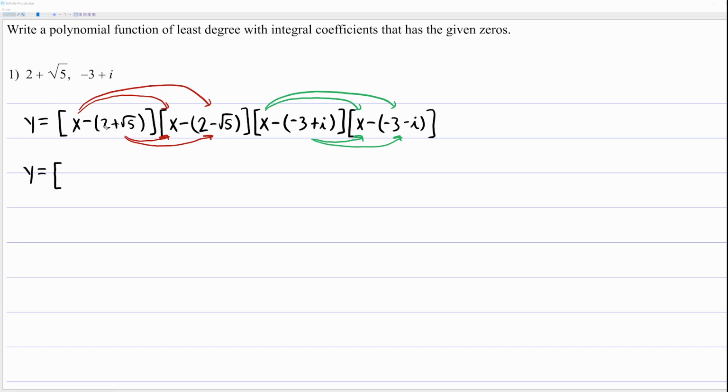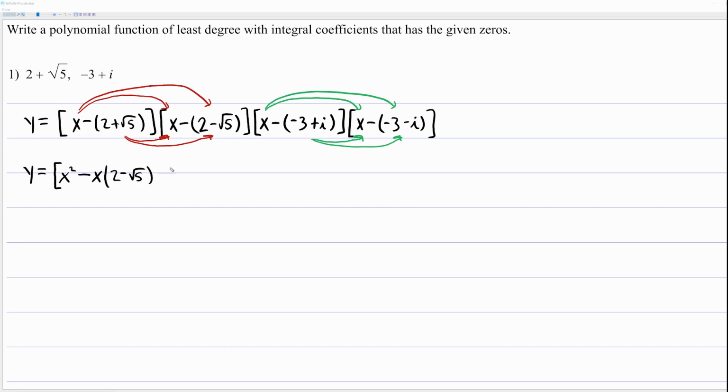So the top arrows, we have x times x, which is x squared. Now we have x times this factor, this 0, and this is negative. I suggest writing that minus x and then (2 minus root 5).